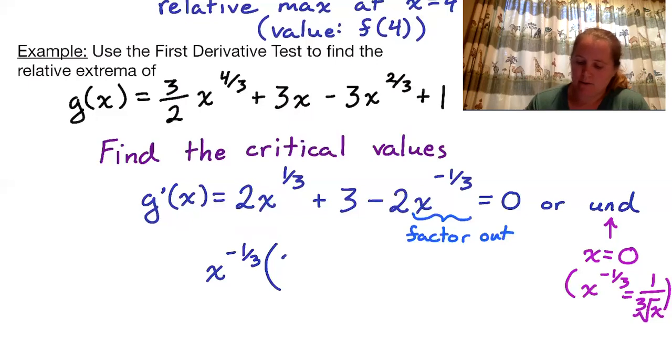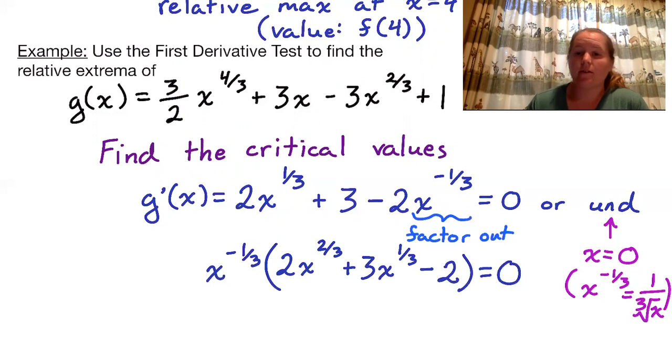So this will become 2x to the 2/3 plus 3x to the 1/3 minus 2. And that's all equal to 0.